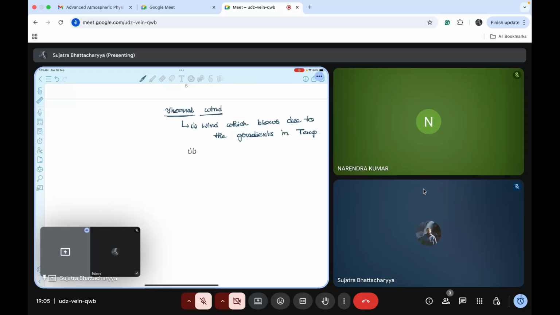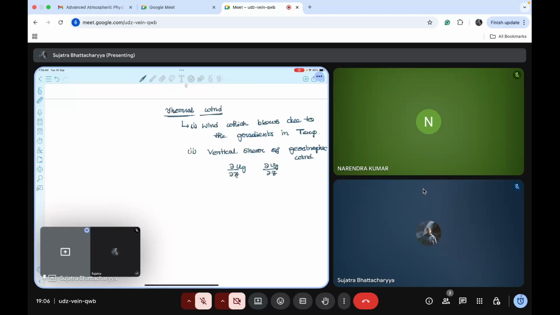The second definition is that it is the vertical shear of geostrophic wind. Vertical shear of UG. What does it mean? Simply delta UG by delta z or delta VG by delta z.